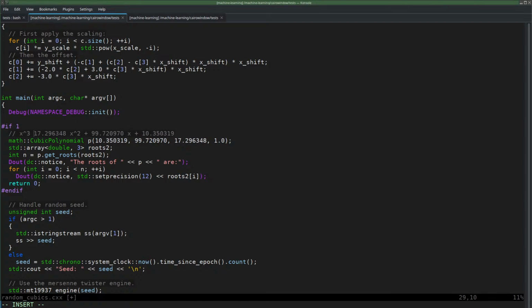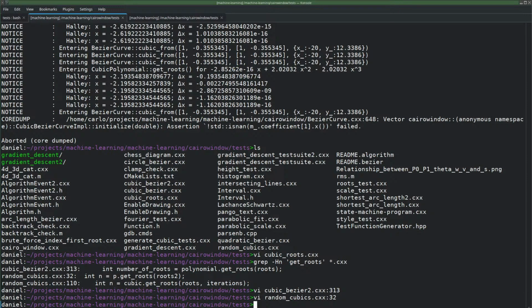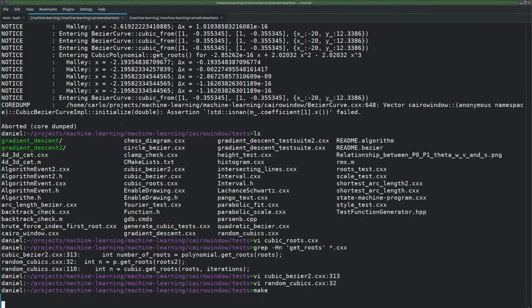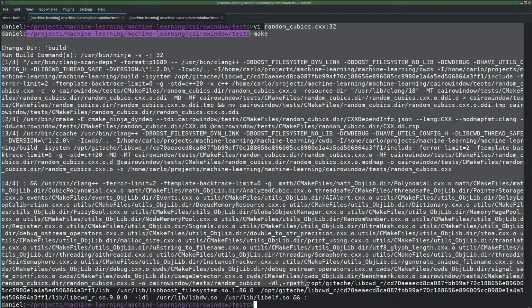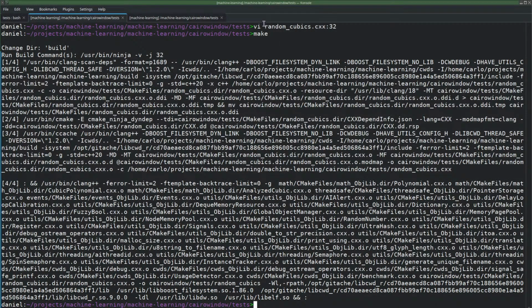X to the power 3 plus... and then get 3 roots. And they are printed. Okay. And that is an abuse of random cubics.